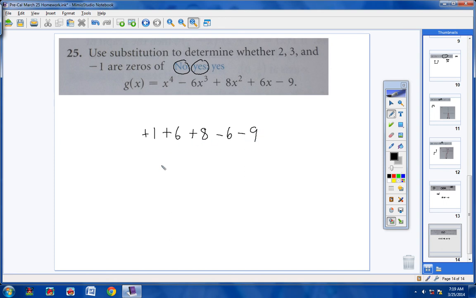If you add up all of your positives, you'll get a +15. If you add up all of your negatives, you'll get a -15. And so, of course, you get out 0. So f of -1 equals 0. Or in other words, you have an ordered pair, -1, comma 0. And so is -1 a 0? Yes, it is.